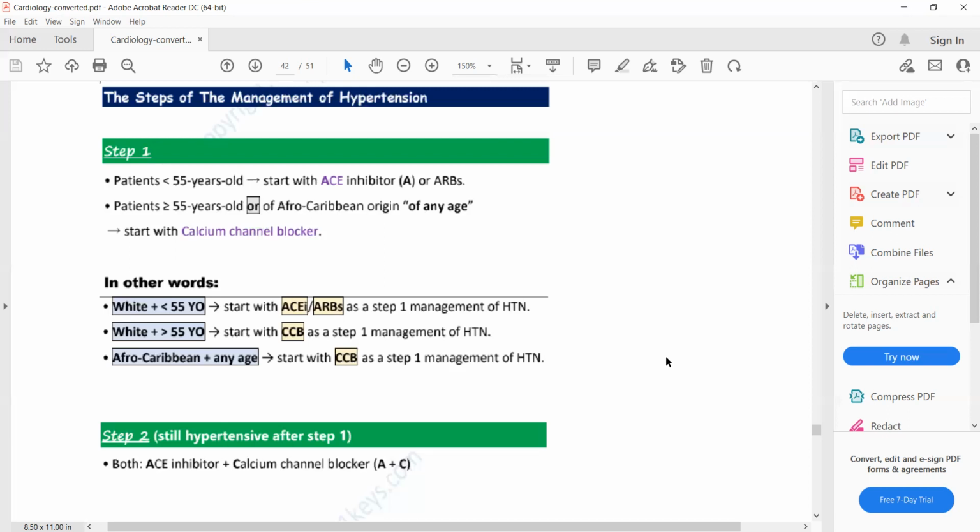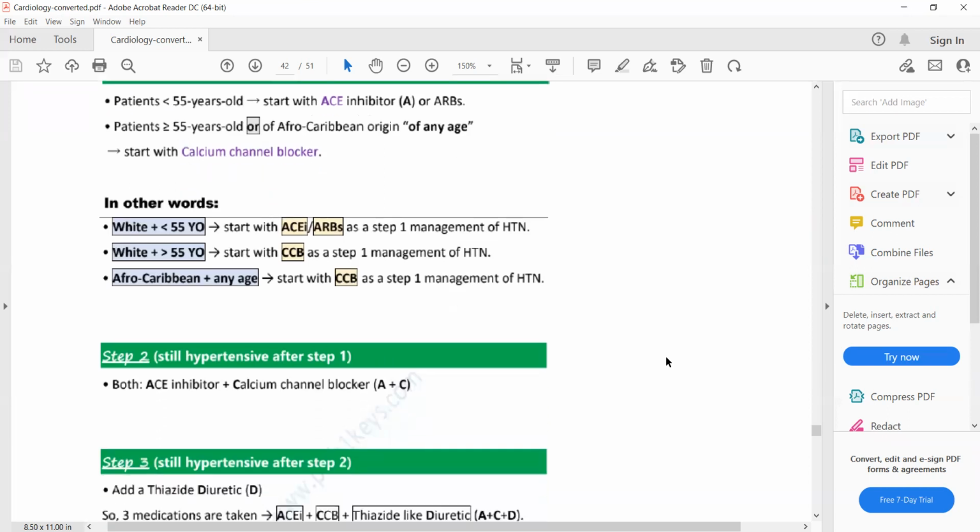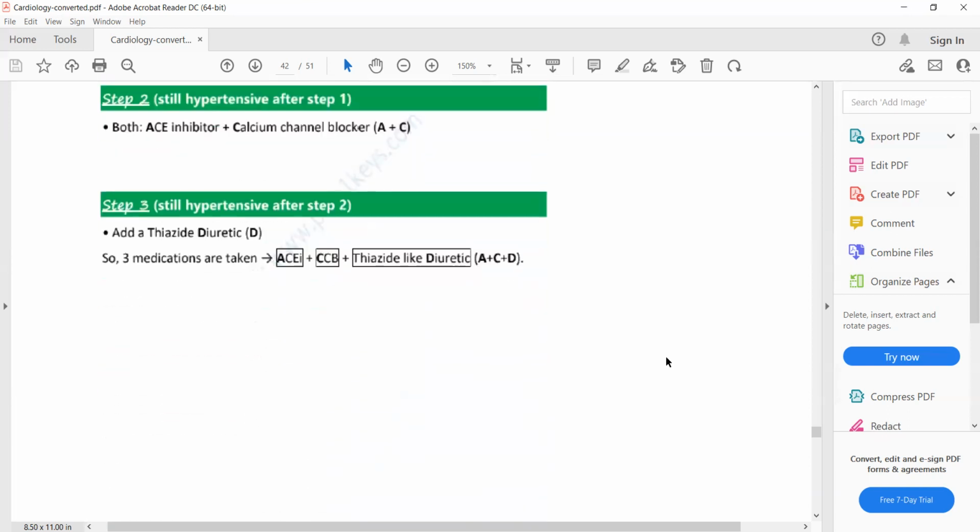Now, the third step, if still with 2 drugs, the target blood pressure is not achieved, then we'll add a third drug, and that is thiazide diuretic. Thiazide diuretics currently recommended by NICE in the management of hypertension are chlorthalidone and indapamide.